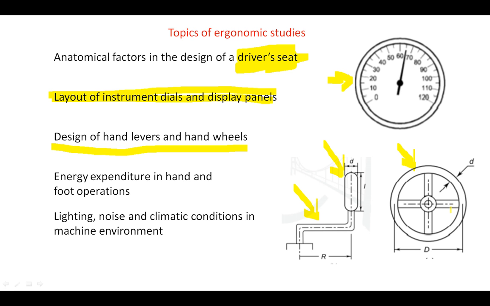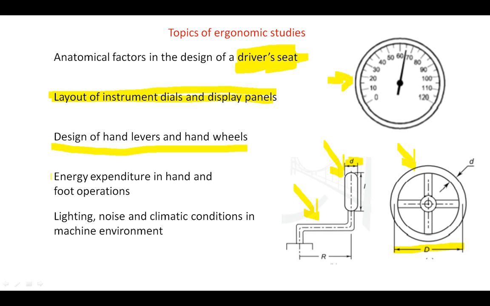And take the example of a wheel. The diameter of the wheel should be such that it is easy to operate using both hands. If the diameter is very small, then it will be very difficult to operate with two hands. So the diameter should be appropriate so that a user can easily hold and operate it. So design of levers and hand wheels is also a topic of ergonomic study.